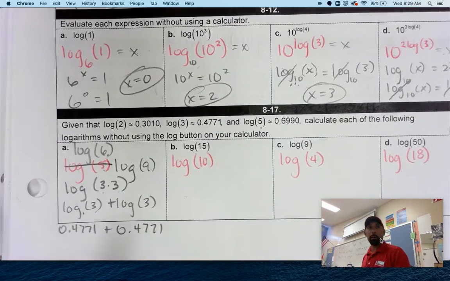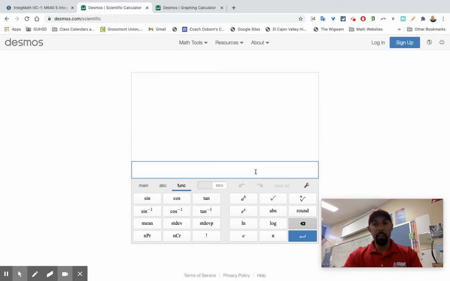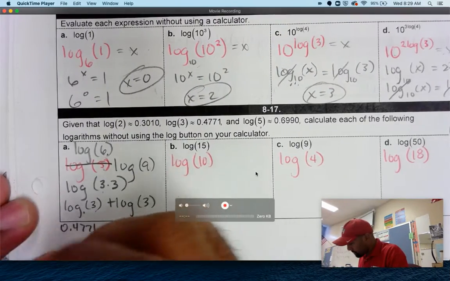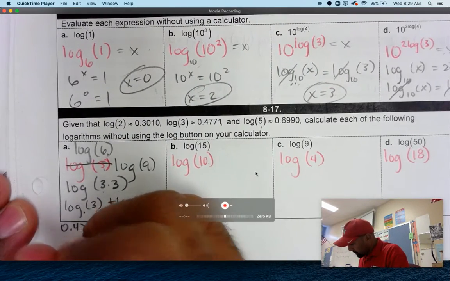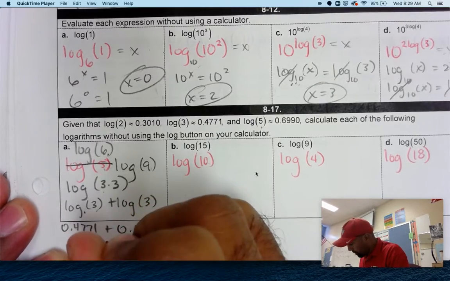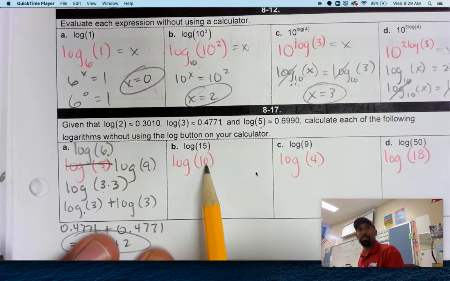Now I just add these up. 0.4771 plus 0.4771 is 0.9542.